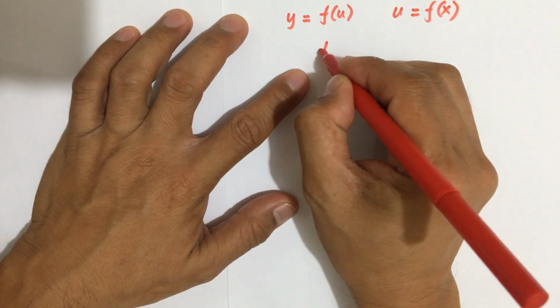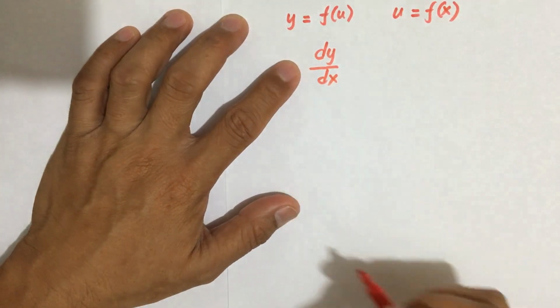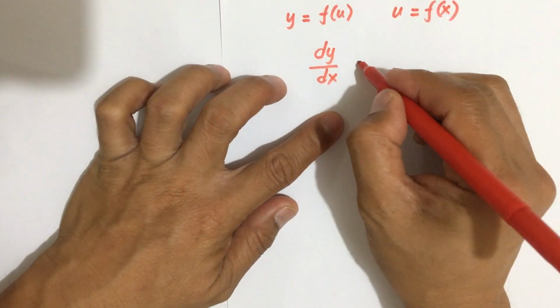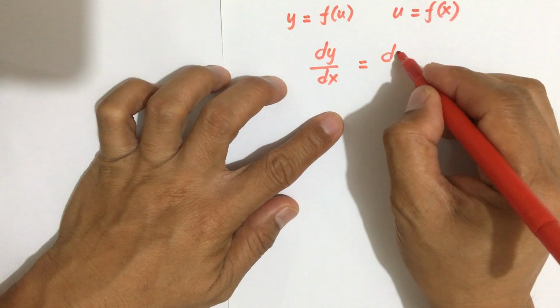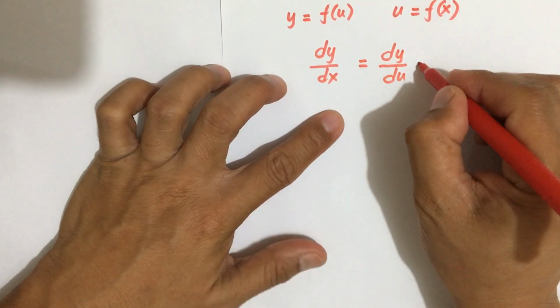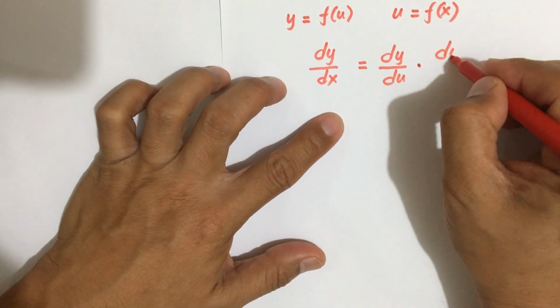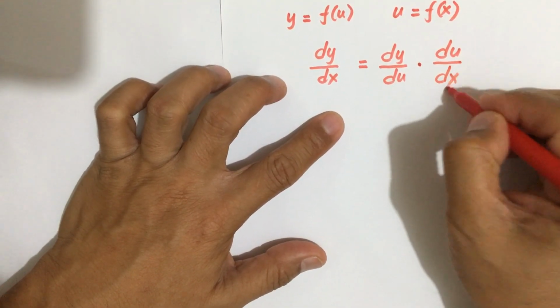The derivative of y with respect to x is just the product of the derivative of y with respect to u, multiplied by the derivative of u with respect to x.